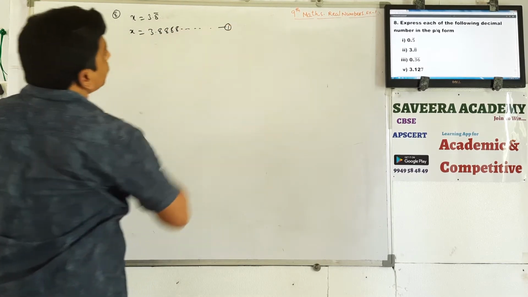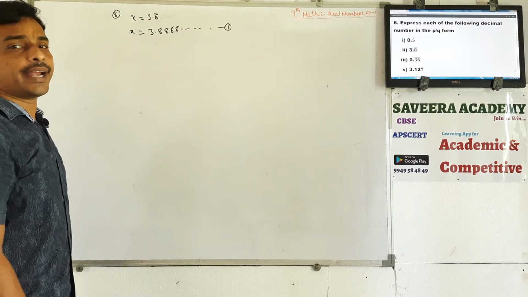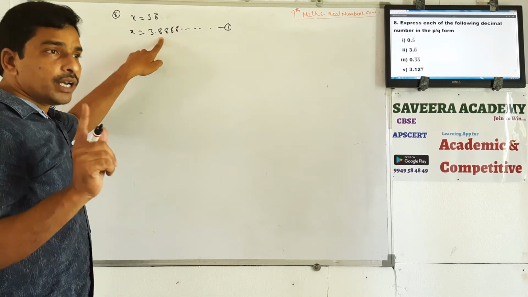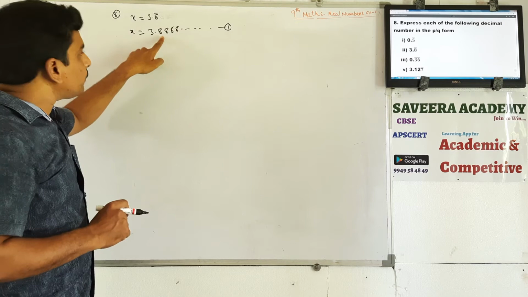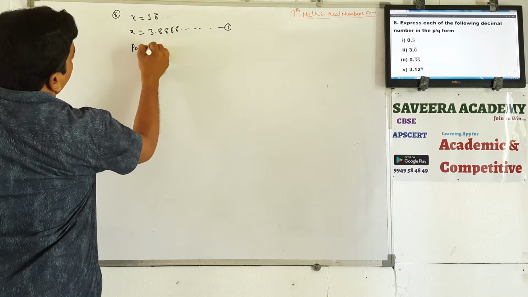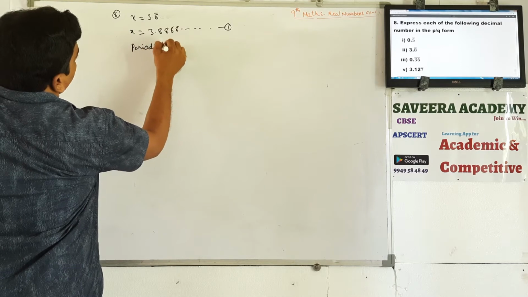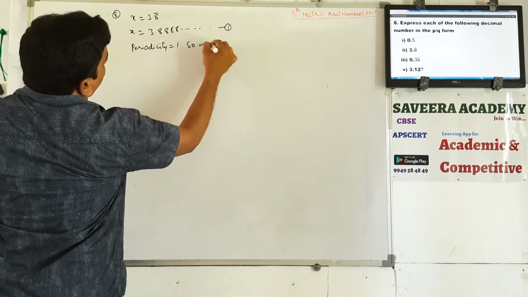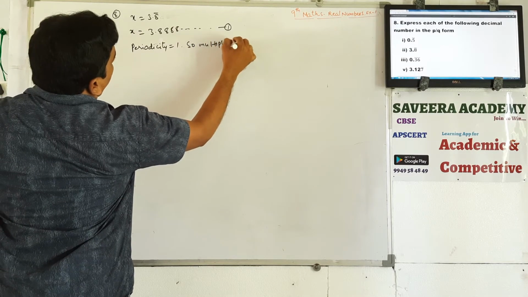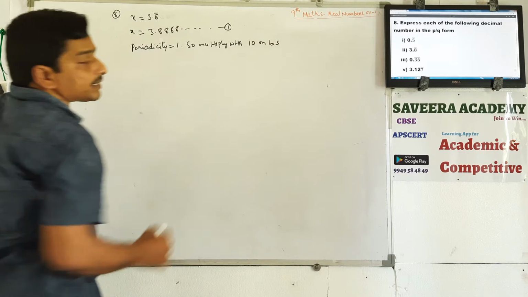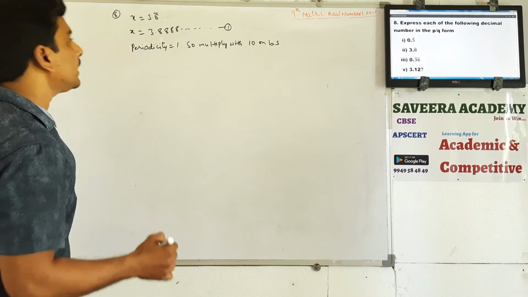Periodicity: how many digits are repeating? Only one digit is repeating. Therefore periodicity is equal to 1. So multiply with 10 on both sides.